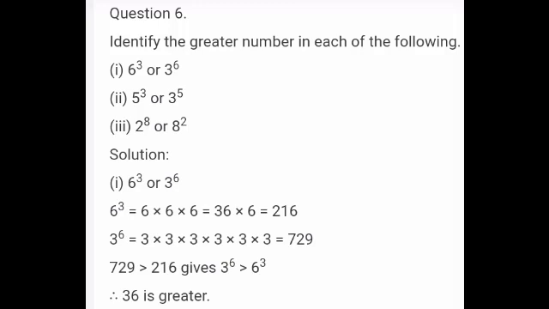When we multiply these numbers, we get 729. Comparing 729 and 216, 729 is greater. Therefore, 3 power 6 is greater.